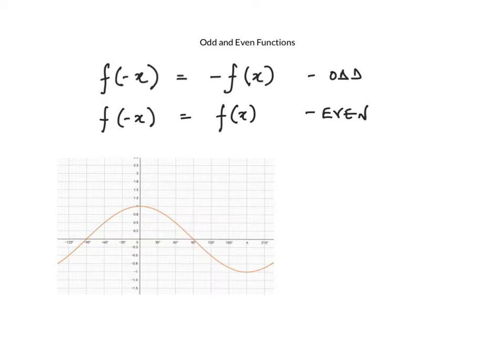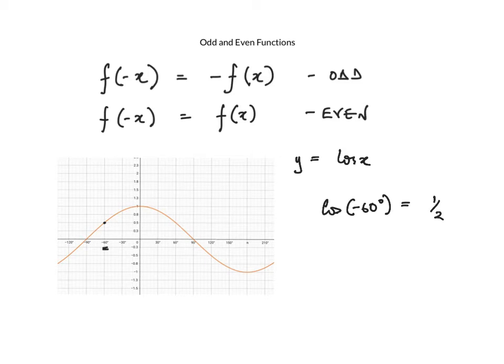Here is a graph of the cosine function y equals cos x. Now if we take this value here, cos of minus 60 degrees equals, well, we can read it off the diagram, it's 1/2.